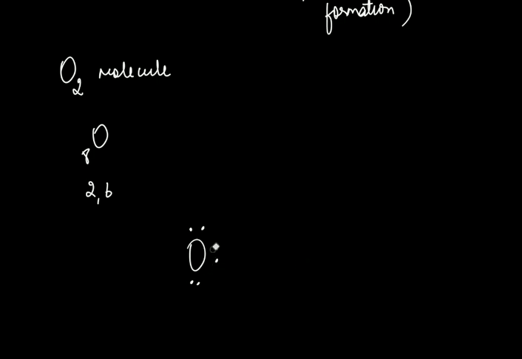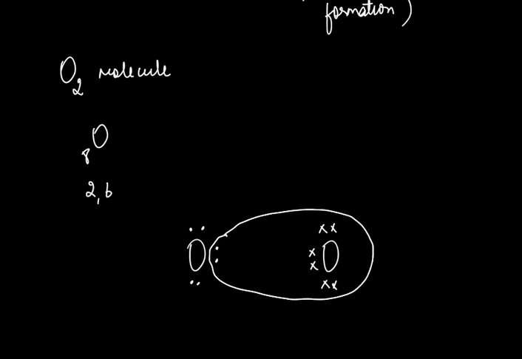So you have to show 2 electrons over here for the bond formation. The rest, the other 4 electrons, you can show anywhere. So for the 6 valence electrons, you take these 2 electrons in this loop. If you can see over here, 6 valence electrons are already sitting and they are sharing 2 electrons from this oxygen. So the octet of this oxygen after sharing 2 electrons is completed.